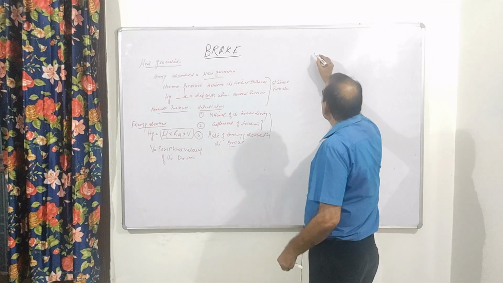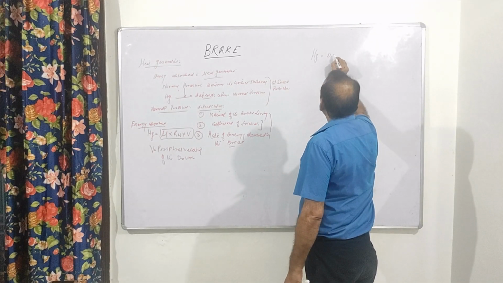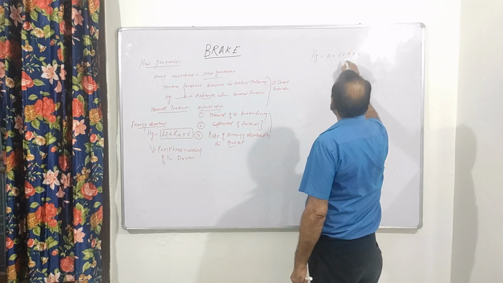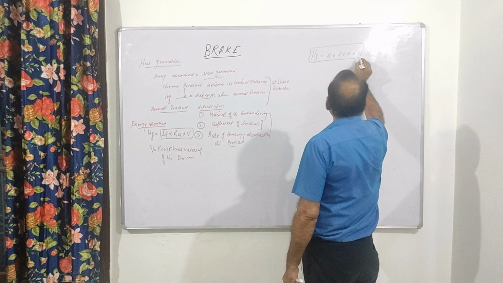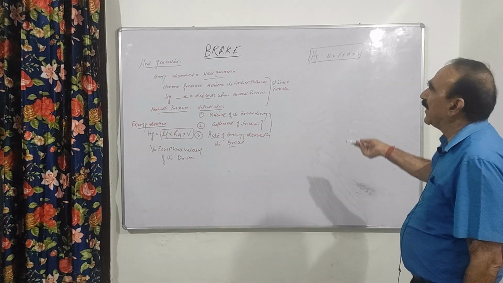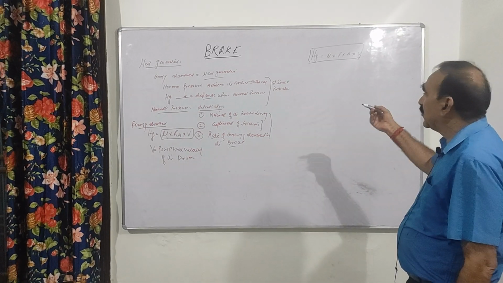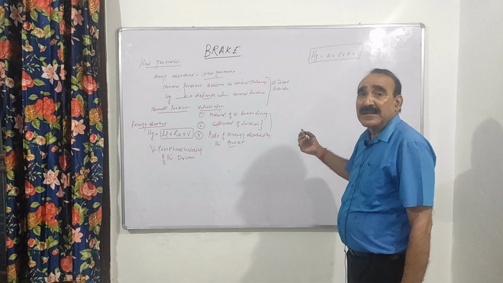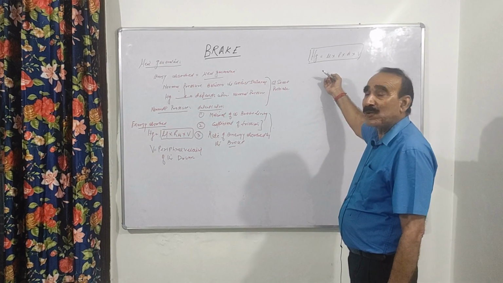So Hg you can write down like this: Hg is equal to mu into P into A into V. This is a very important relation, and you will get numericals on this, to calculate the heat generation and the heat dissipation. So these are the formulas also. This relation you have to remember, and you may get a problem on this.